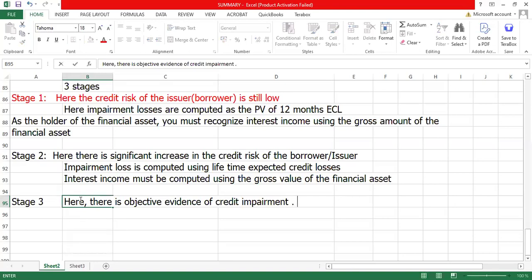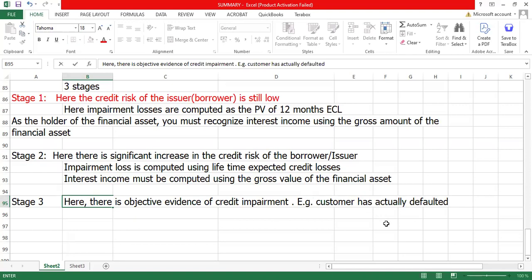The idea is that at this point, the customer has actually defaulted. The borrower, or the issuer, has actually defaulted. You don't expect the person to pay.